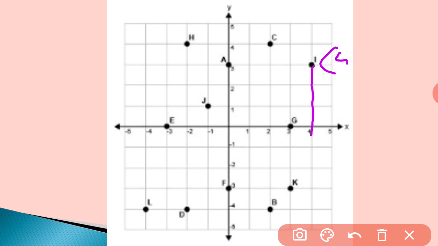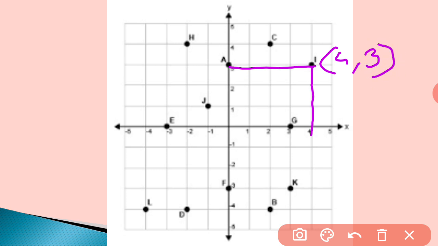So the first number to be noted is 4, comma. The next is from I to the y-axis and it reaches 3. So the next number that I have to write is 3.